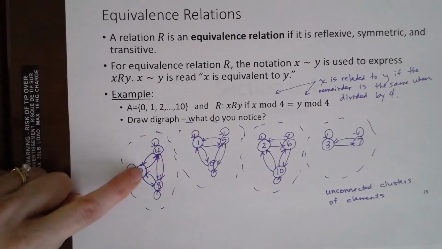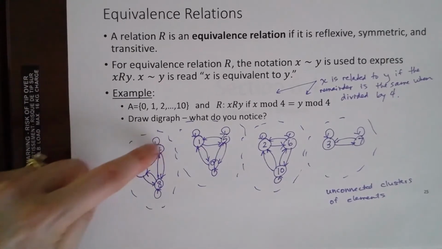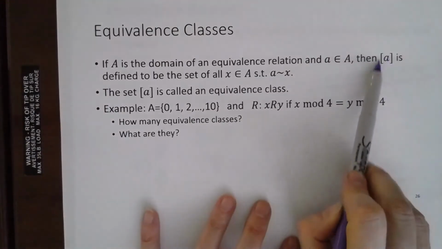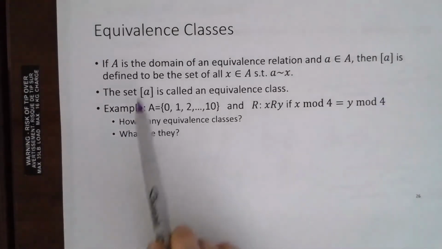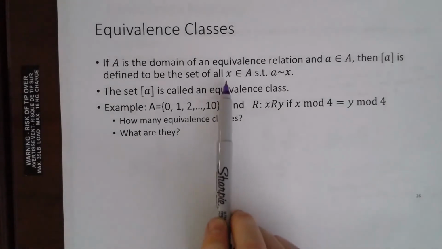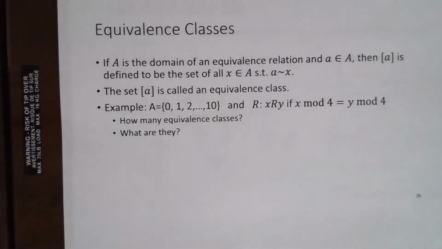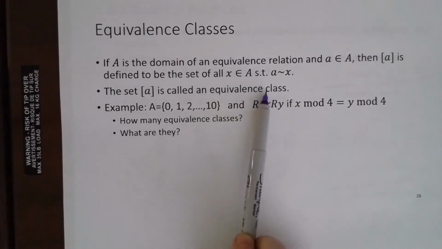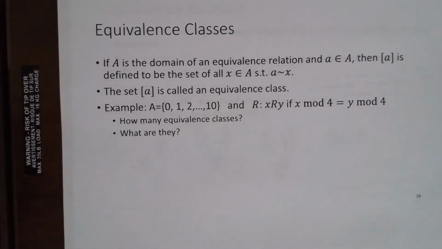Well, that would be 0 and 4 and 8. That's the set of all the things that are related to 0. And that is called an equivalence class. They're all equivalent in some way, whatever we've decided for our relation.